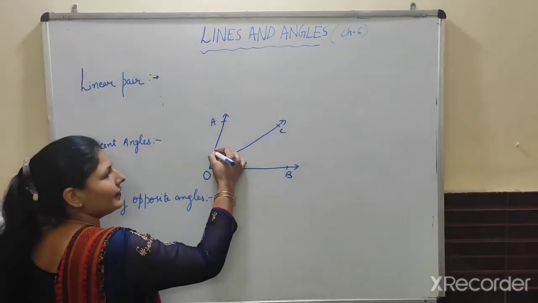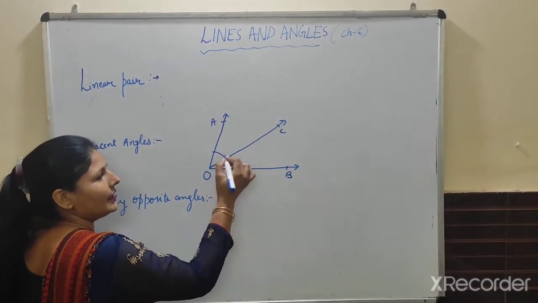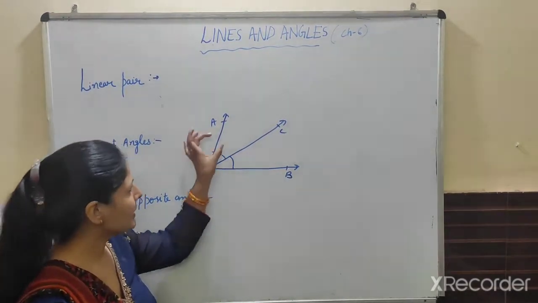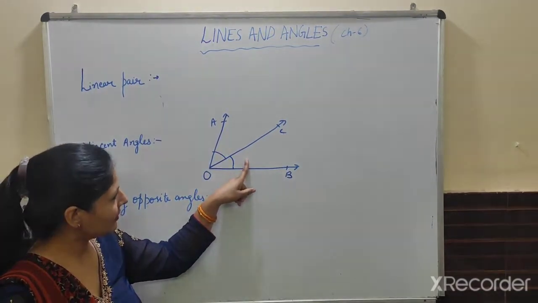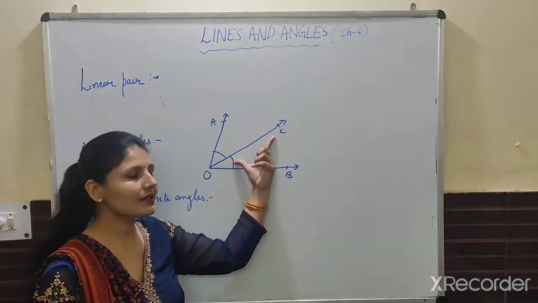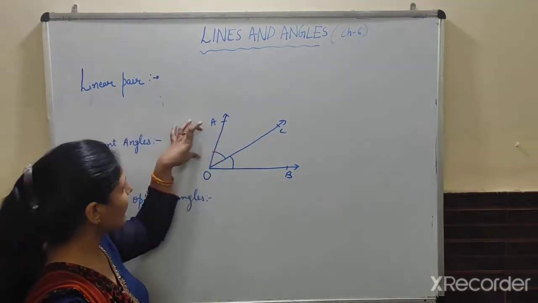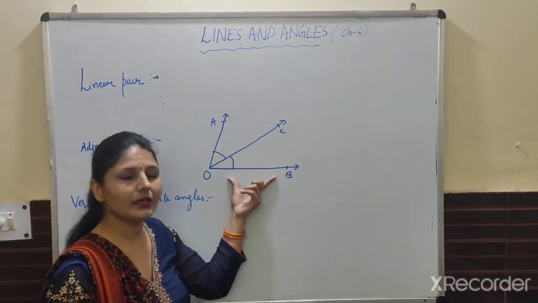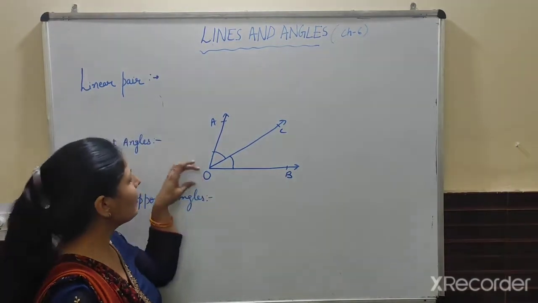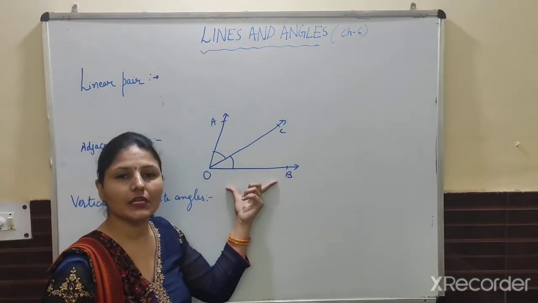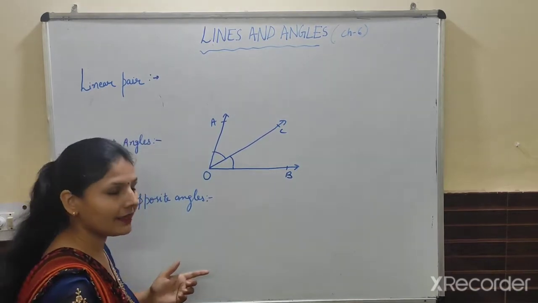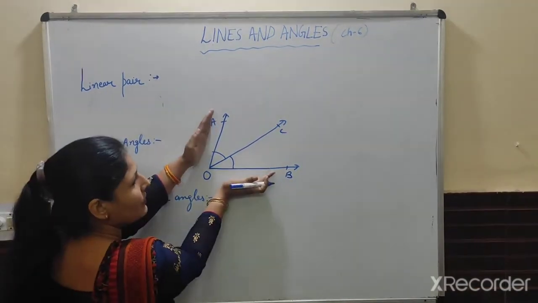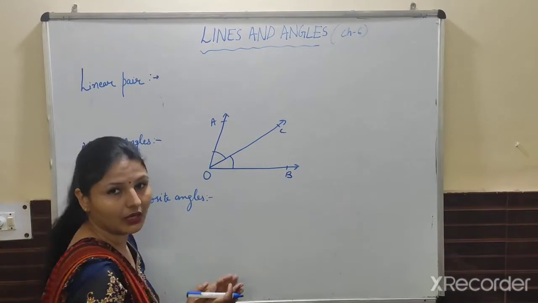For example, angle AOC and angle BOC. These are two adjacent angles in which OC is the common arm, and OA and OB are the two non-common arms, and they are lying on the opposite sides of the common arm.